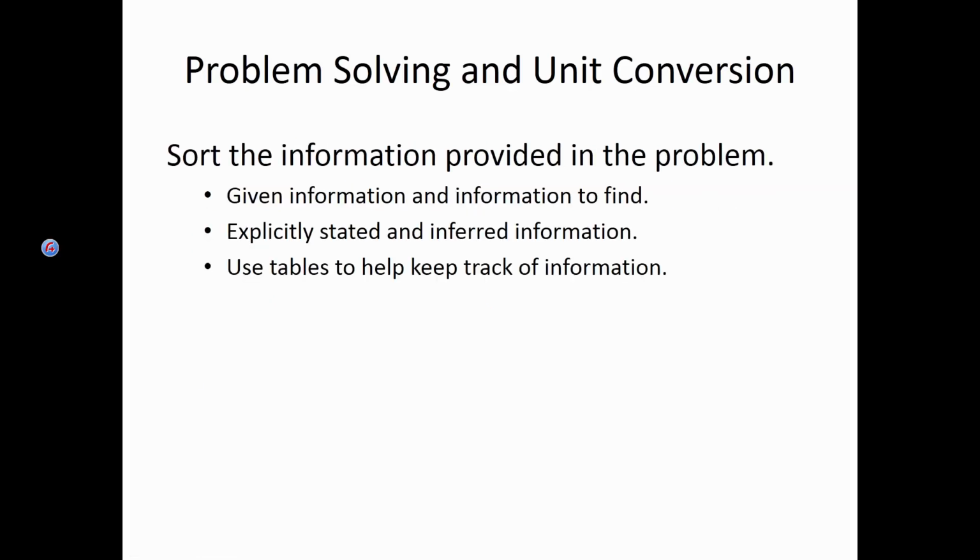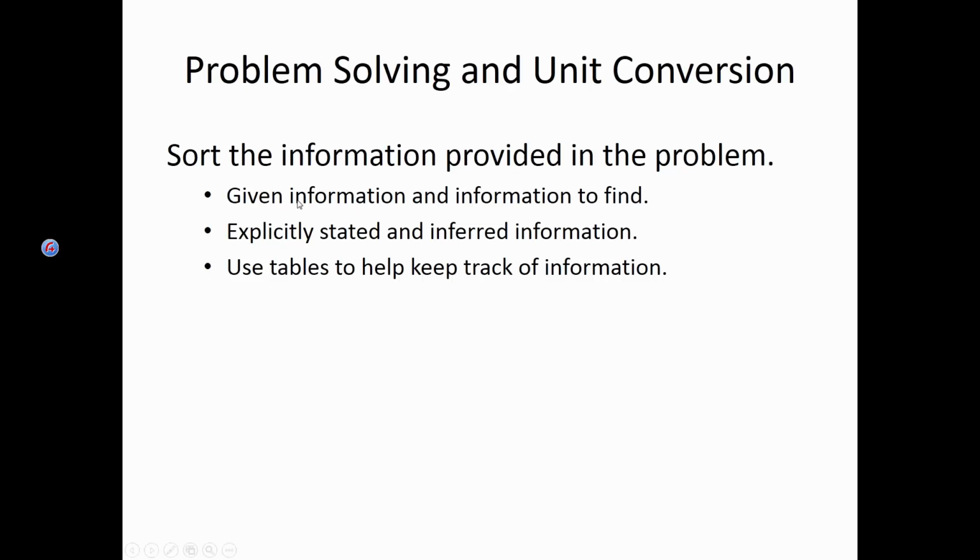Couple of guidelines on how to do this. Sort the information that is provided in the problem itself. Sometimes the problem will give you all the information you need, and sometimes you need to find additional information in order to solve the problem.